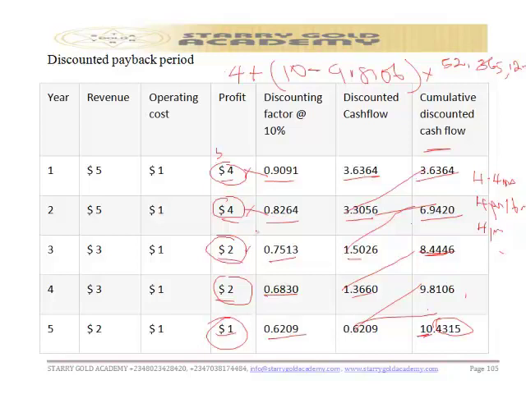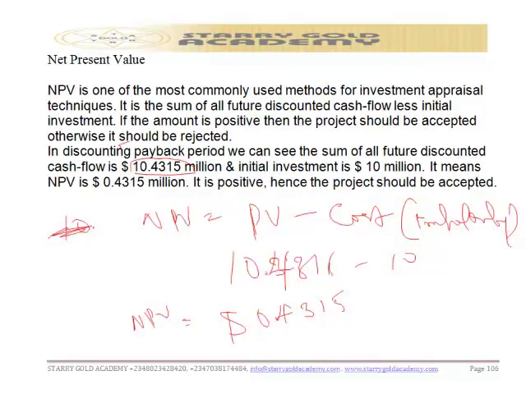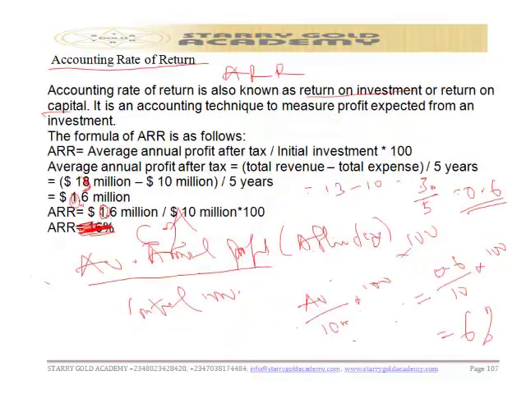So it's 13 million profit. So that is about that. What matters is your formula and you apply it properly: average annual profit after tax divided by initial investment multiplied by 100. That is how we calculate accounting rate of return.